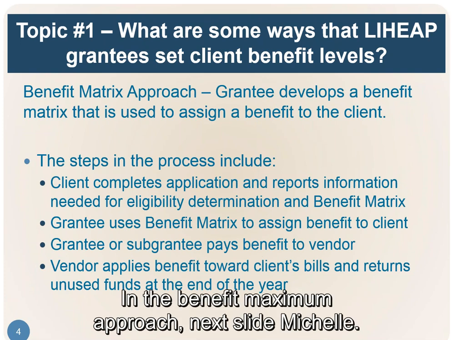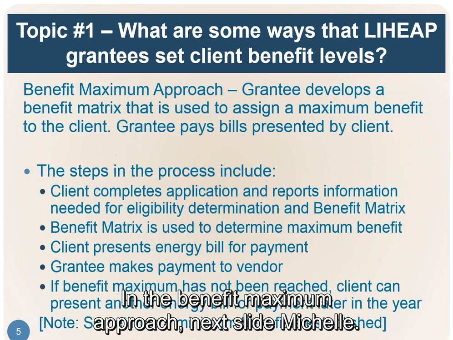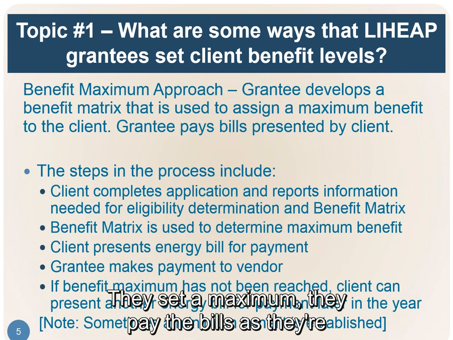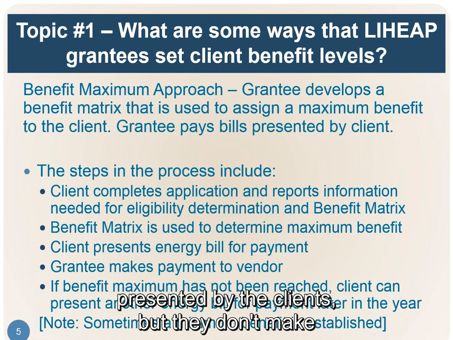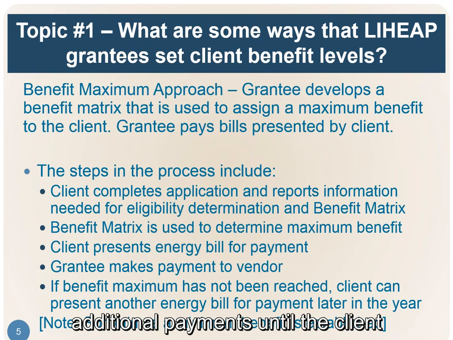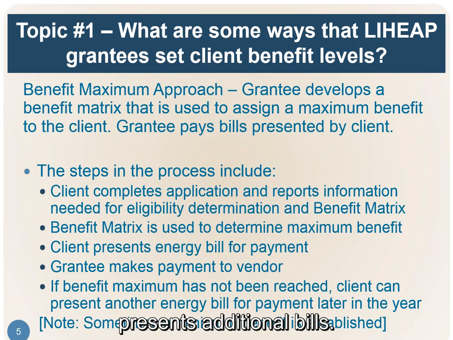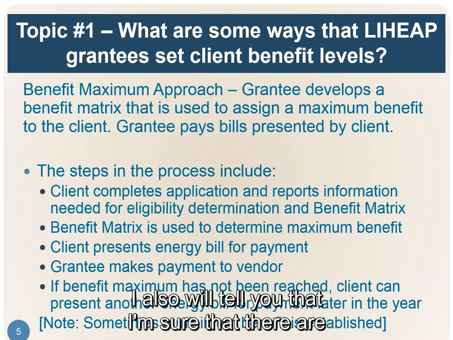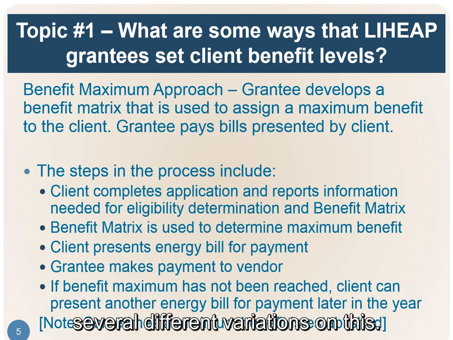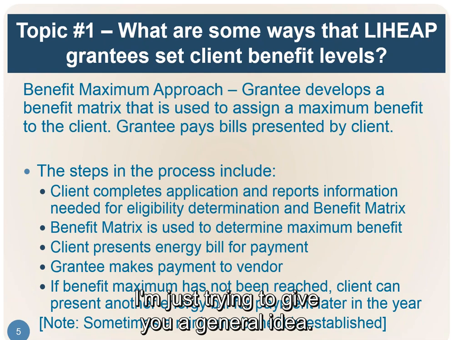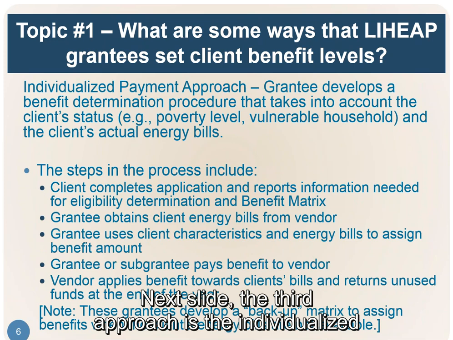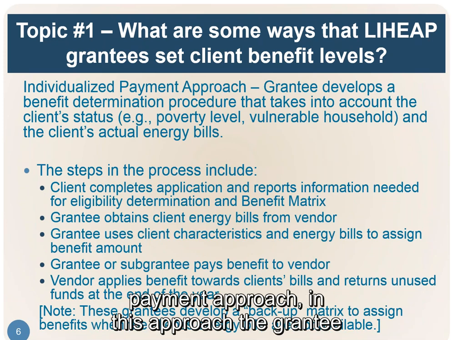In the benefit maximum approach, next slide, Michelle, they set a maximum, they pay the bills as they're presented by the client, but they don't make additional payments until the client presents additional bills. I also will tell you that I'm sure that there are several different variations on this. I'm just trying to give you a general idea. Next slide. The third approach is the individualized payment approach.